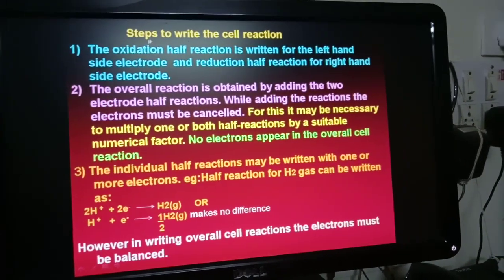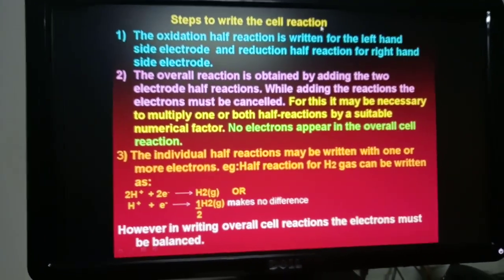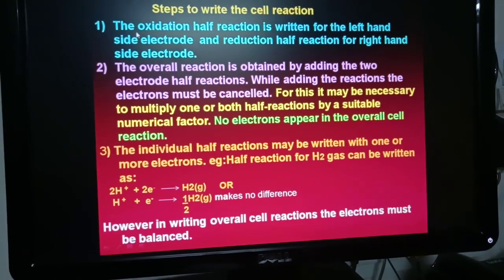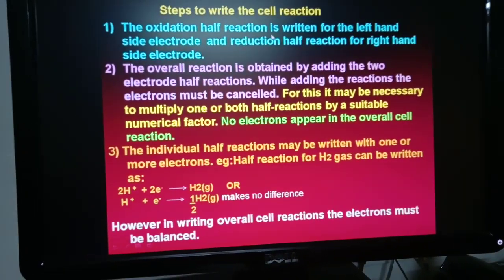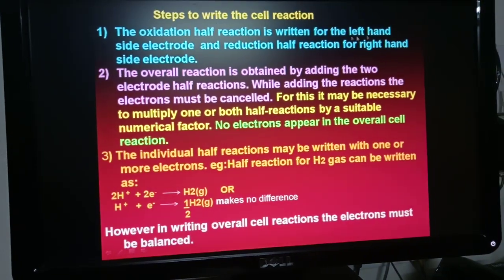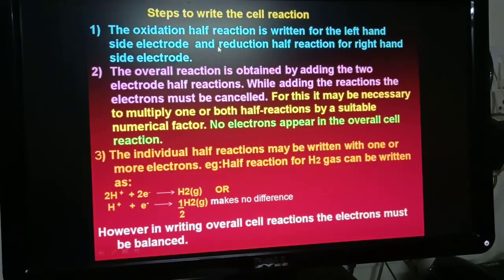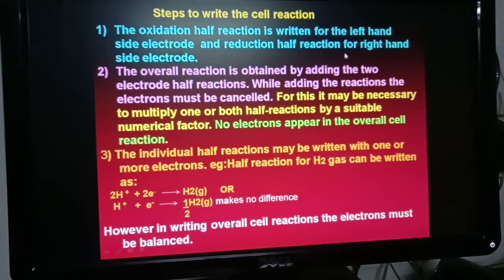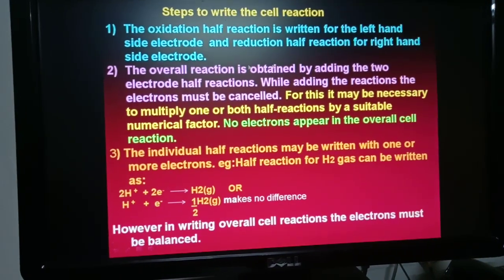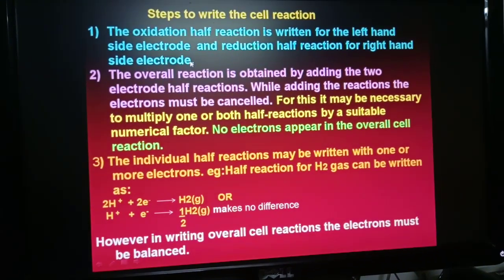Next we study the steps to write the cell reaction. How to write the cell reaction? The oxidation half reaction is written for the left hand side electrode and the reduction half reaction is written for the right hand side electrode.